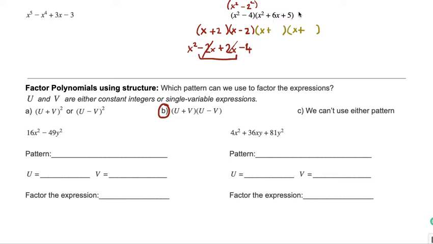Well, 5 is prime, so it can only be 1 and 5, and 1 plus 5 just happens to be 6 as well. So 5 plus 1 is 6, and 5 times 1 is 5. And here is our complete factorization of our two polynomials up above.